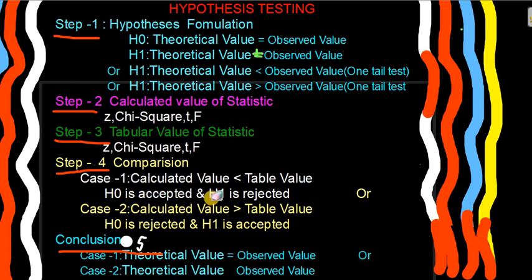Now there is another possibility. If the calculated value from step number 2 is greater than the tabular value from step number 3, then H0 is rejected.